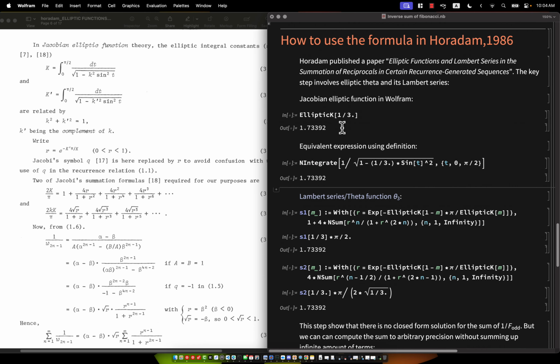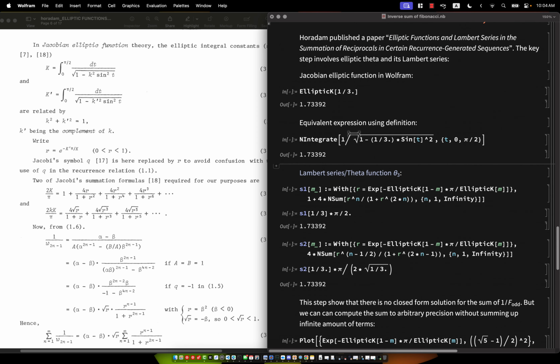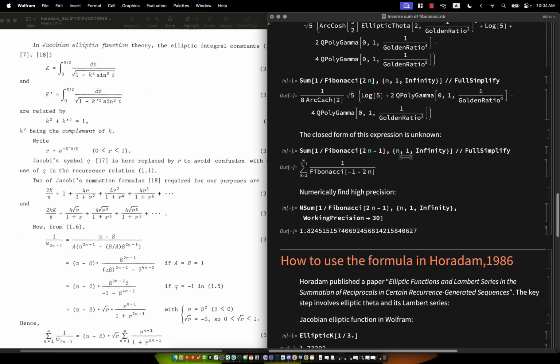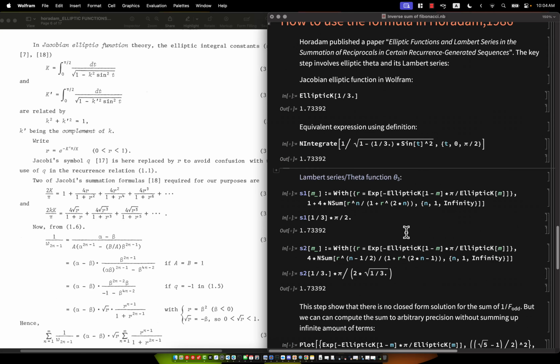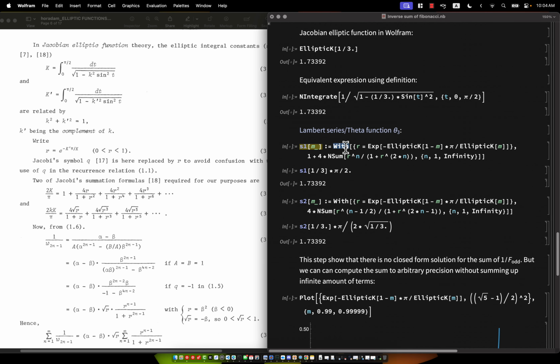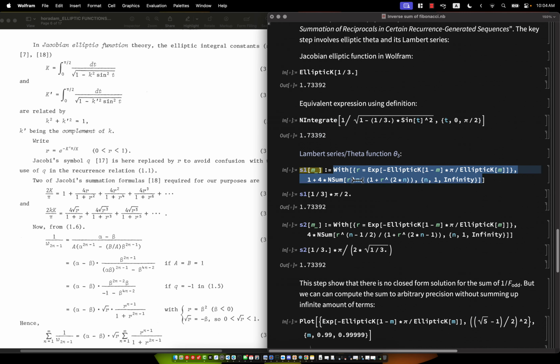So these should be the same. And these two are the formulas that are used underneath this elliptic theta. The next step is we should check that the formula used in this paper is actually related to these two functions.